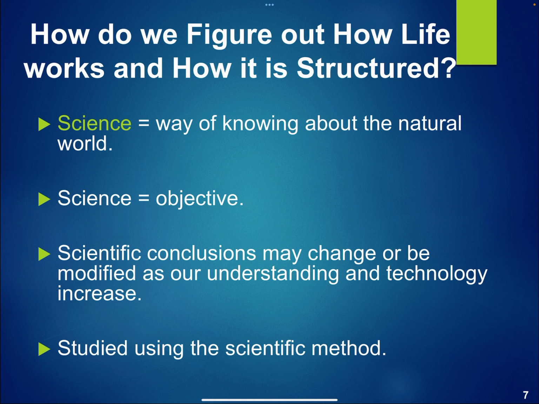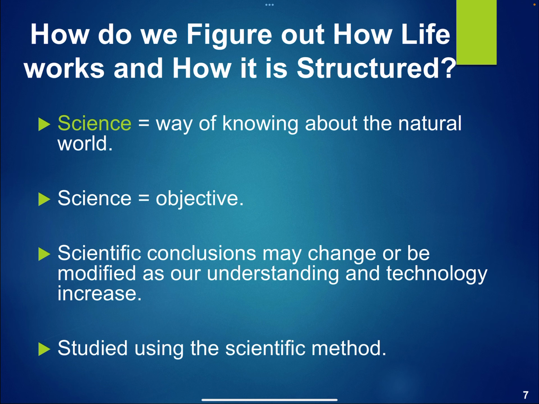So, as we study life, we are using a scientific approach to develop knowledge about living organisms. That scientific approach is a systematic way of approaching questions that we have about life.